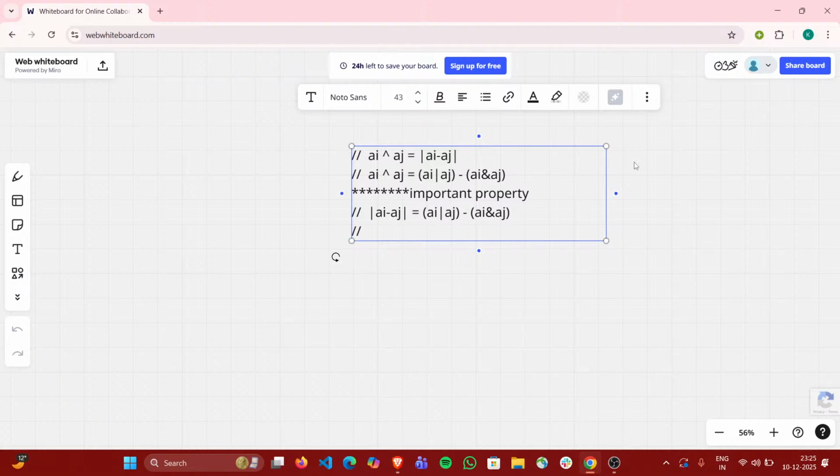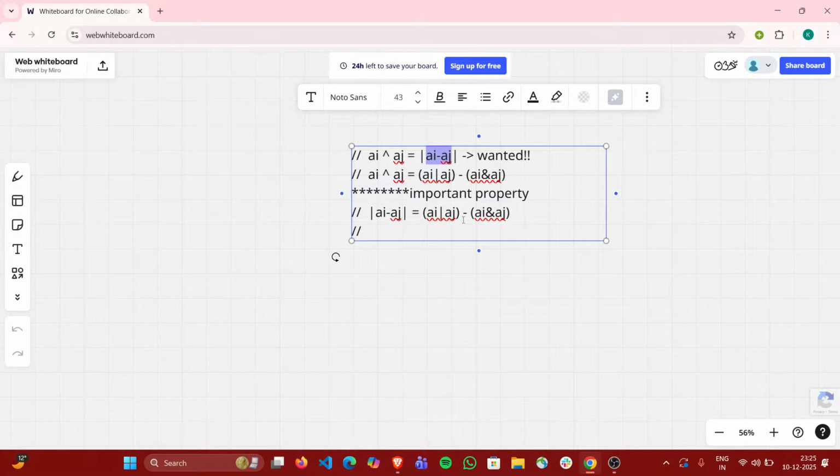Right, so these were the formulas I wrote till now, and this is what we want. And this is a property, and this is just combining these two equations. I substituted ai XOR aj with ai OR aj minus ai AND aj.